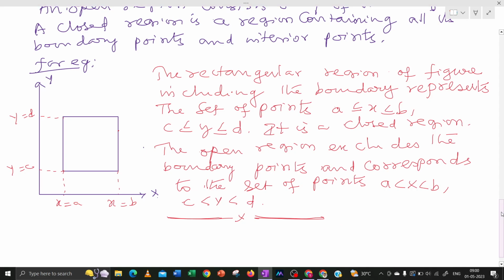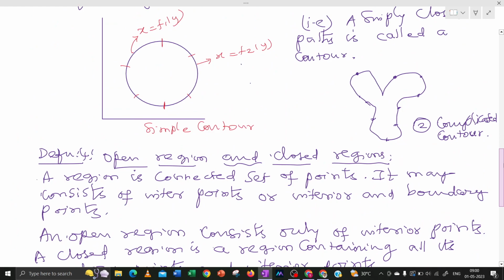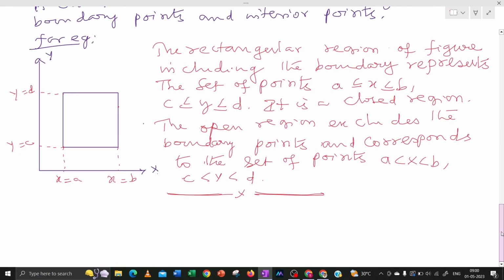Only one more definition remains. What is meant by a connected region and a not connected region?